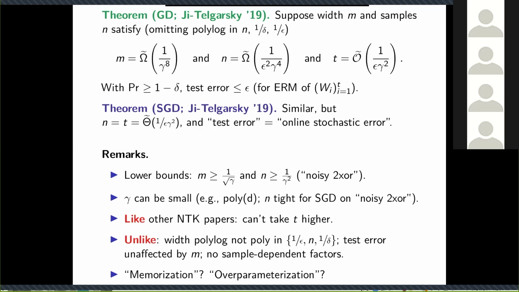And note that on the same slide, we showed a sample complexity upper bound for stochastic gradient descent of 1 over gamma squared. So that matches the sample complexity lower bound, which means that it's tight. Now we have a tight sample complexity analysis for noisy 2XOR and for infinite width NTK. All these lower bounds are actually for NTK. If you use the NTK style analysis, perhaps you can get a better bound if you use a neural network, but you may need a different analysis.